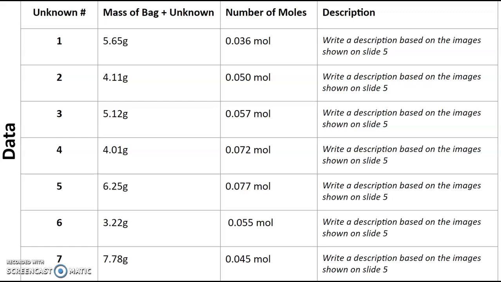So you should write a brief, detailed description. And if there's something that makes it stand out from the other white powdery substances, you should note that. Or maybe there's another unknown that it's very similar to, you could note that as well.